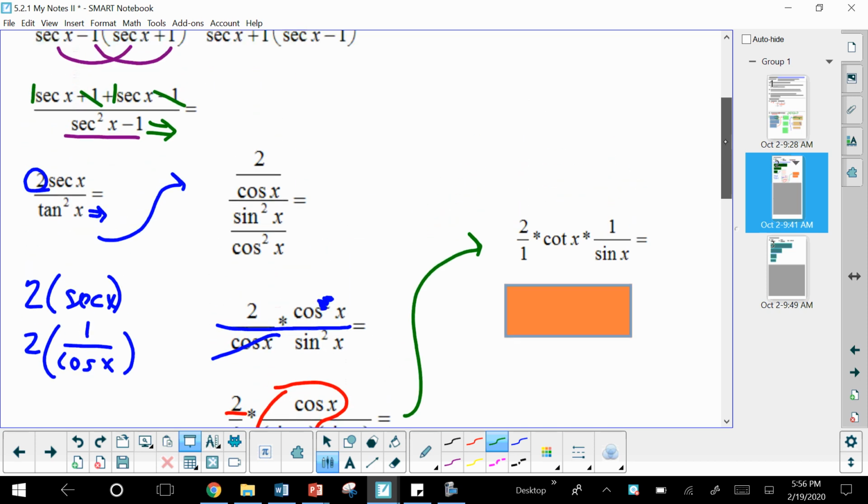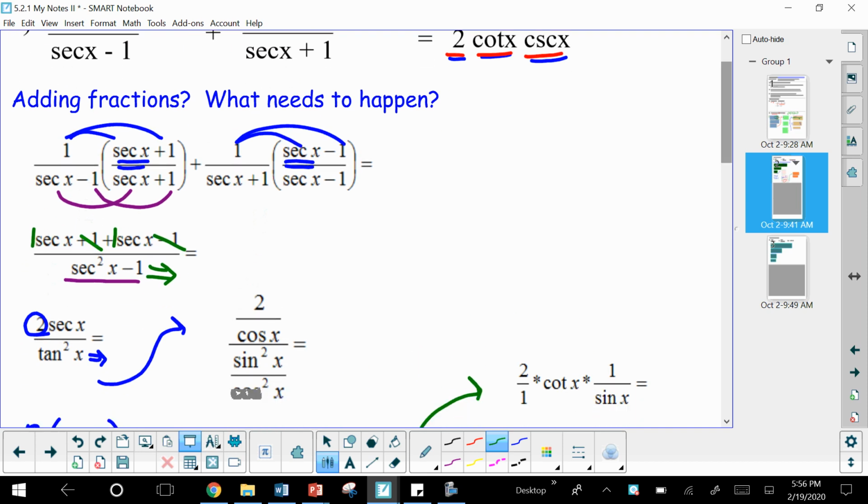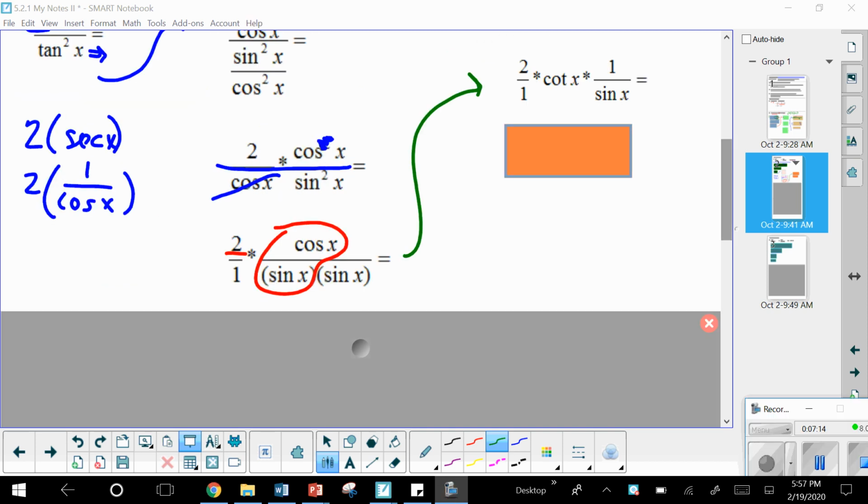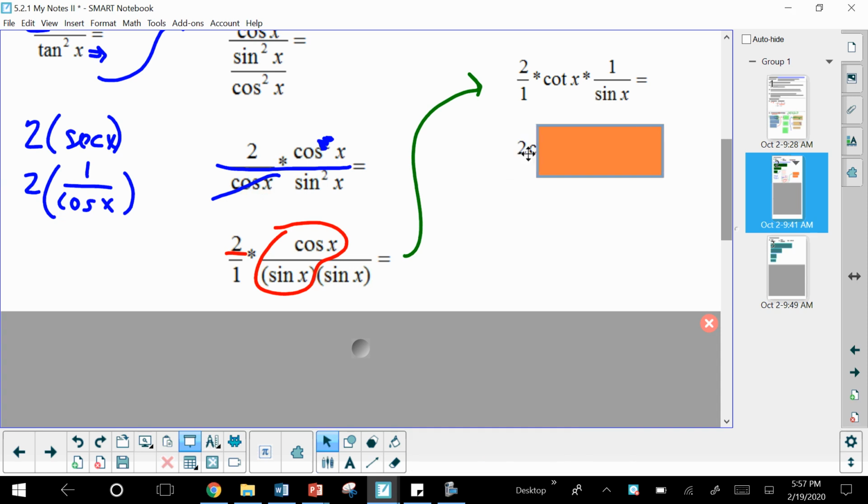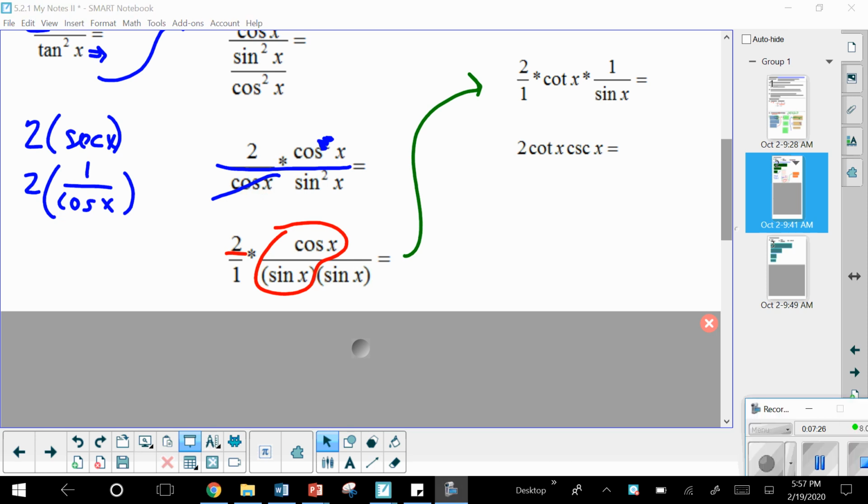Pause, take a breath. Do you see it yet? We've got the 2, we've got the cotangent x, and the only thing I need left is the cosecant x. And we can just use the reciprocal rule to get the cosecant x that we need. So we have 2 cotangent x, cosecant x, which is the right-hand side of our problem, and we are done with that example.